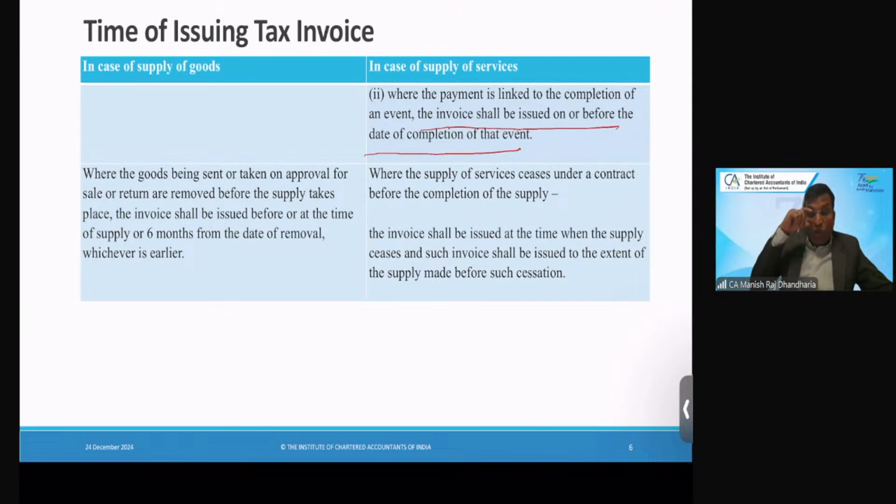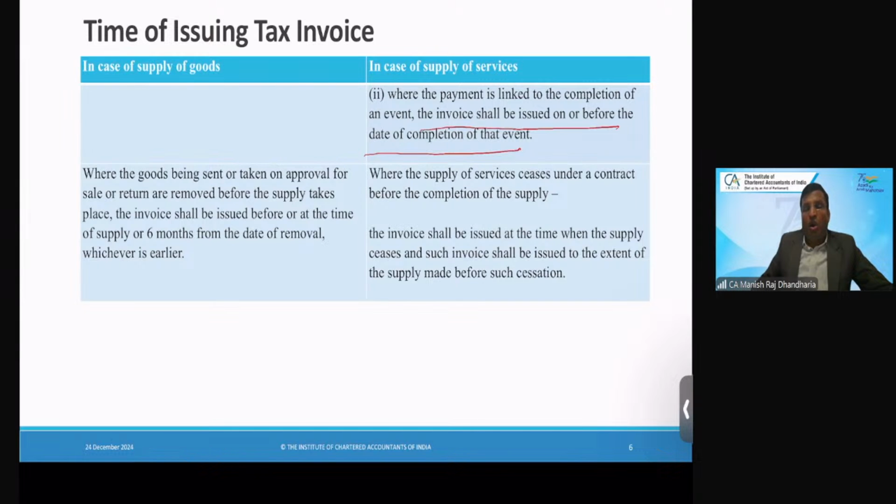ठीक है. तो when the recipient gives the consent, yes, these goods are as per my specification, then he will say okay. And when the recipient says okay, he agrees for the delivery, it means अब वो क्या हो गया, सप्लाई हो गया.